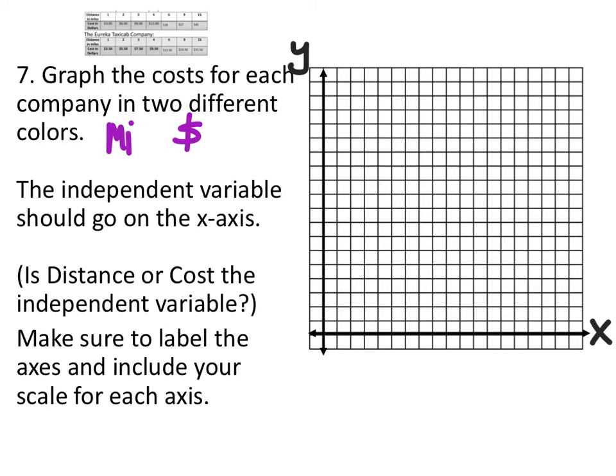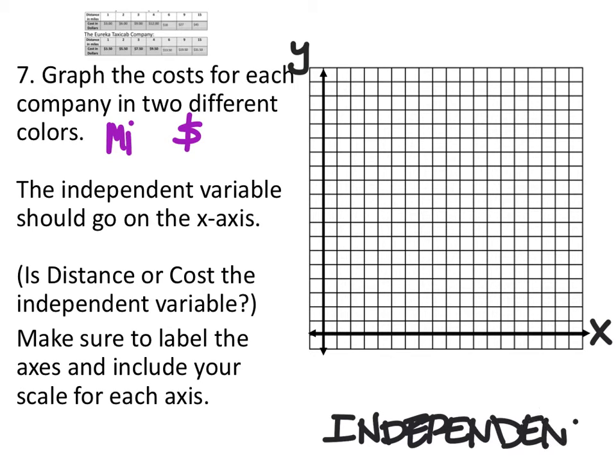So we do label these, generally speaking, but I got to put this one on manually. No problem, okay? Well, the x-axis is what we call the independent variable. Independent, like this, okay? And the y then is not independent, which means it's dependent.